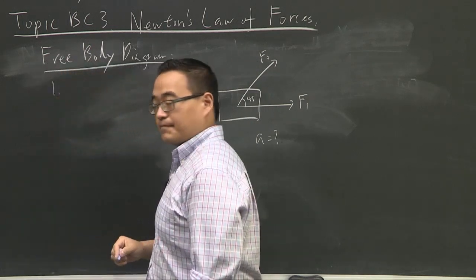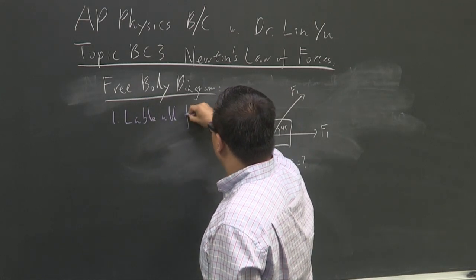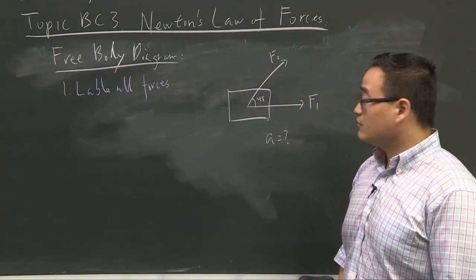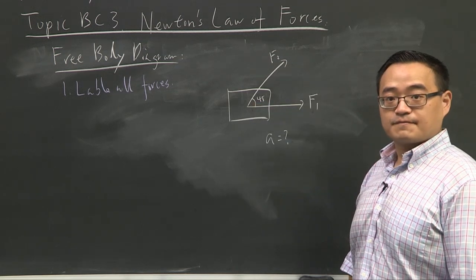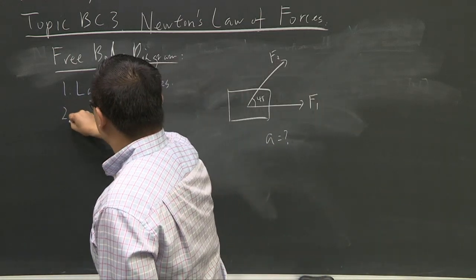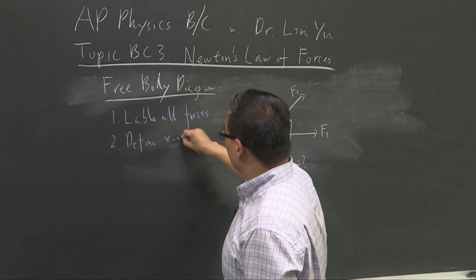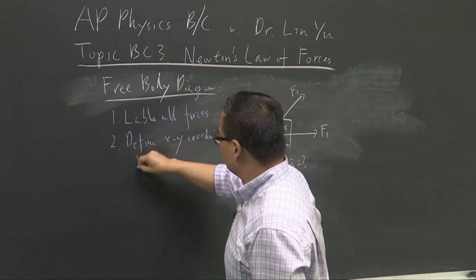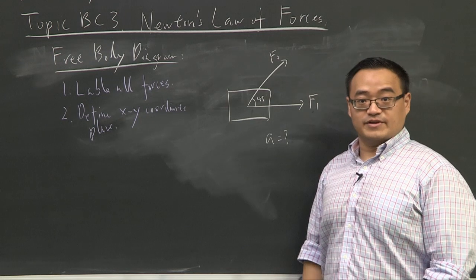Number 1, I want you to label all forces that are acting on this box. Done. Force 1 this way, force 2 this way. Very simple. Number 2, define an x, y coordinate plane.